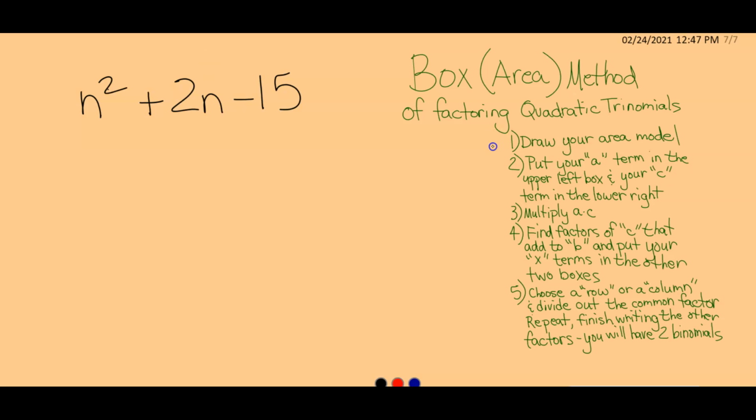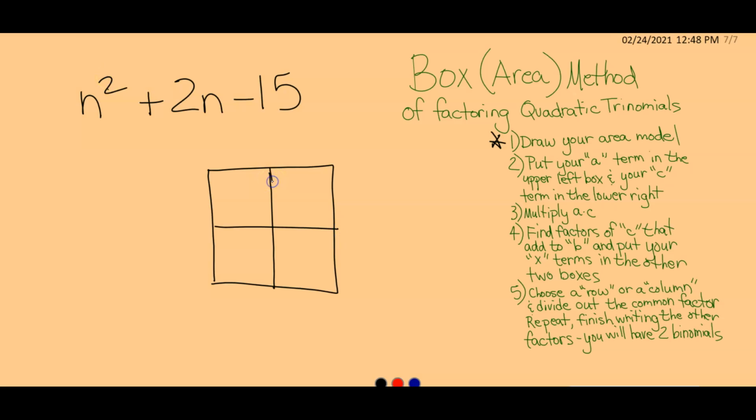So step 1. Draw your area model. Since I know I'm dealing with two binomials because I have a quadratic trinomial, I know that I'm going to be writing 4 boxes. One of my binomials will be written across the top, and the other one will be written down the side.